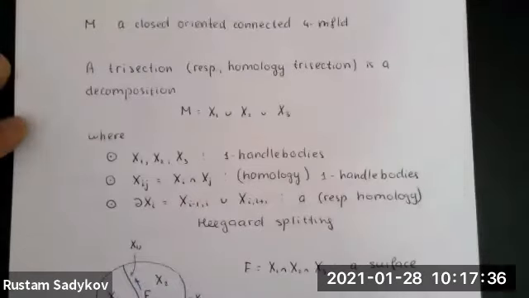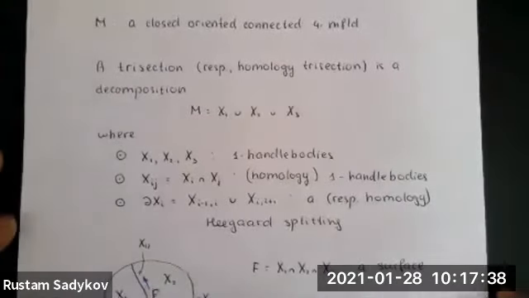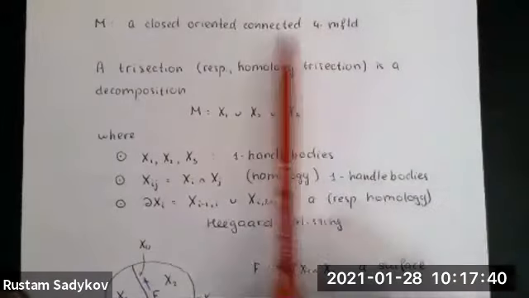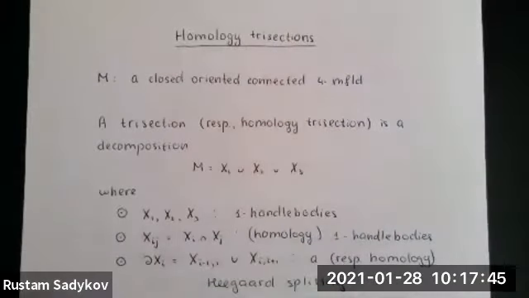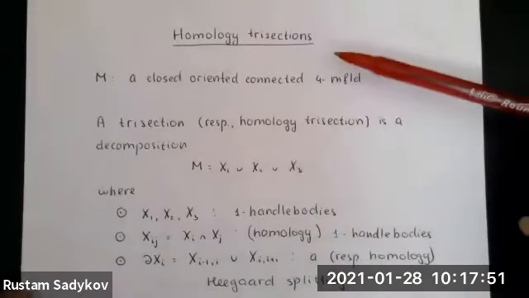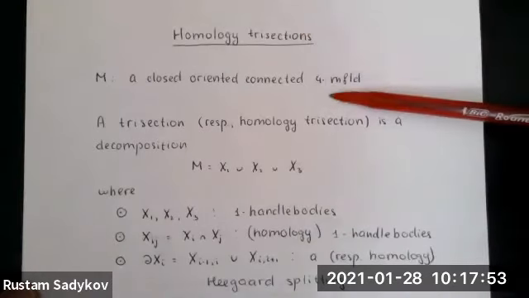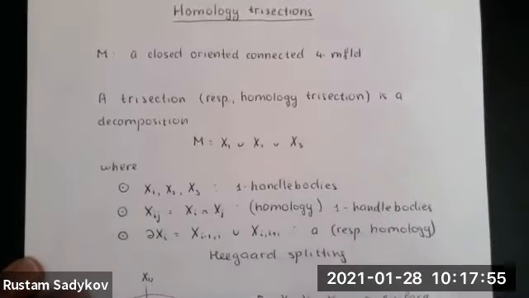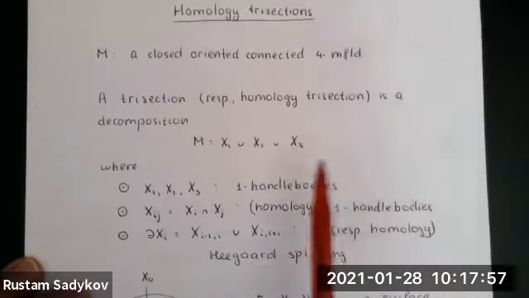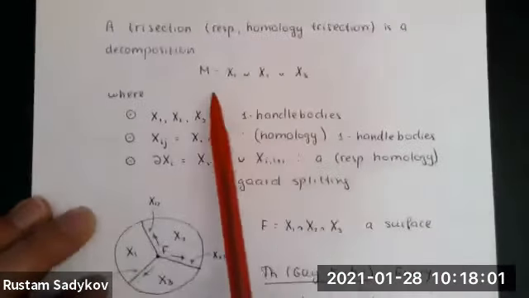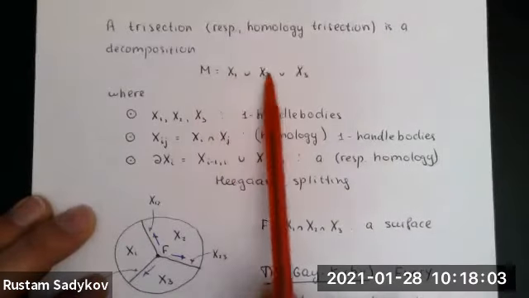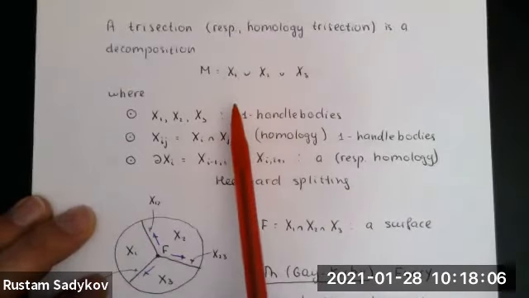Now, this was a discussion of three-dimensional manifolds, which is very important for us. But we actually need homology trisections. Homology trisections are very similar to Heegaard decompositions of three-manifolds, but homology trisections and trisections are for four-manifolds. So here's the definition. A trisection, or respectively homology trisection, is a decomposition of a manifold into three one-handle bodies, right?